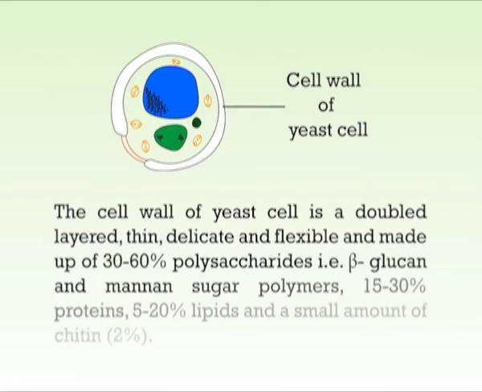The yeast cell wall is a double layer, thin, delicate, and very flexible, and it is made up of 30 to 60% polysaccharides, that is beta-glucan and the mannan sugar polymers, 15 to 30% proteins, 5 to 20% lipids, and a very small amount of chitin, which constitutes approximately 2%.